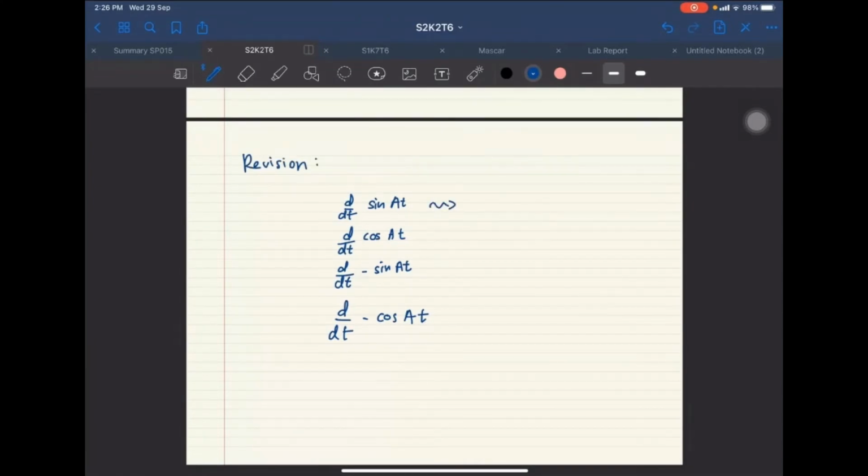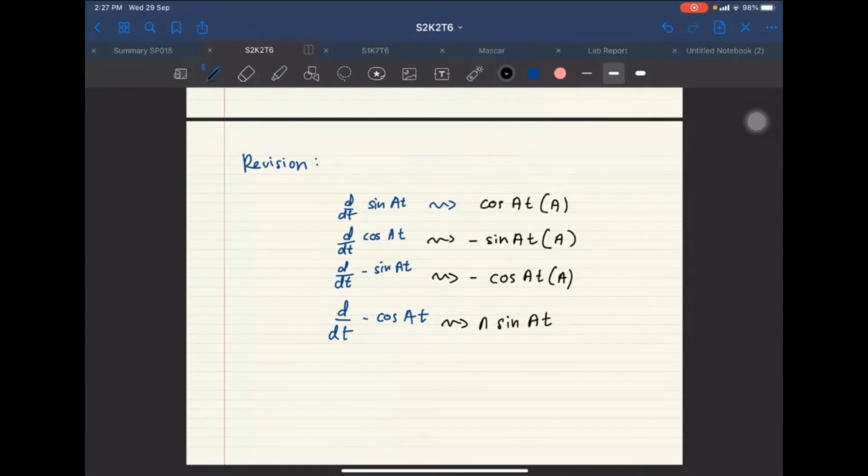So if you differentiate a sine, you should get a apa ni? Cos kan? Kalau cos AT differentiate tadi dapat apa? Negative sign. Okay, good. Ini darah A lah, kan? Negative sign. Sign differentiate jadi cos kan? Negative cos. Kalau yang ni negative so positive sign.